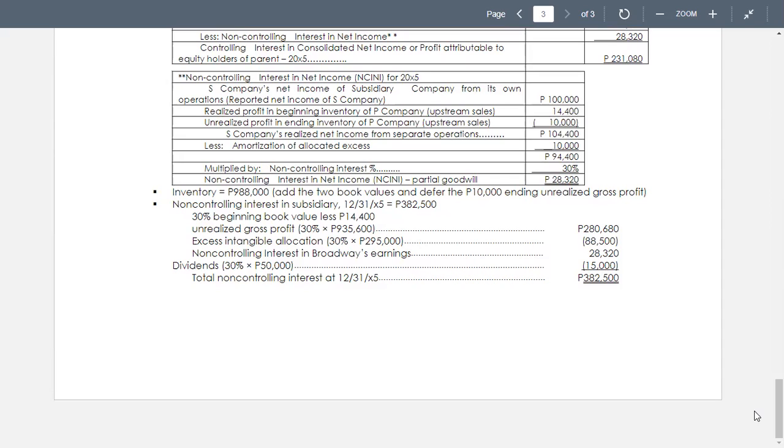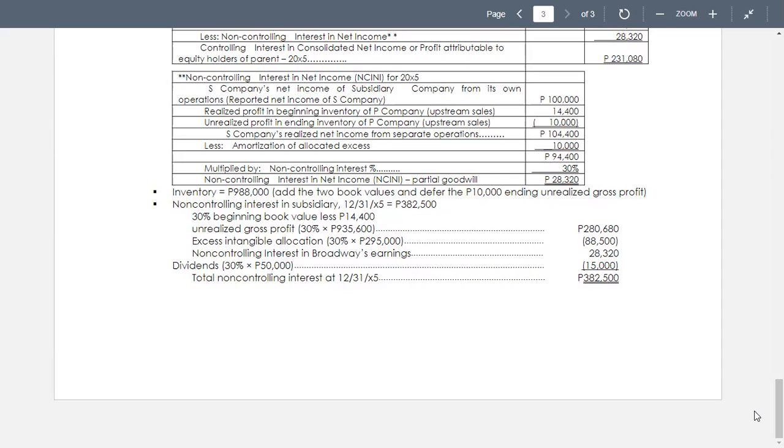Sold by Salad to Pine and to Tuna. One is upstream, sold by Salad to Pine, and the other one is sold to another subsidiary. And the same with Tuna, selling to Pine and Salad. Merchandise remaining in ending inventory, again sold by Pine to Salad and Tuna, sold by Salad to Pine and Tuna, and sold by Tuna to Pine and Salad.